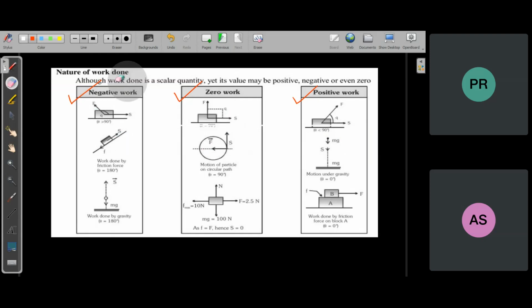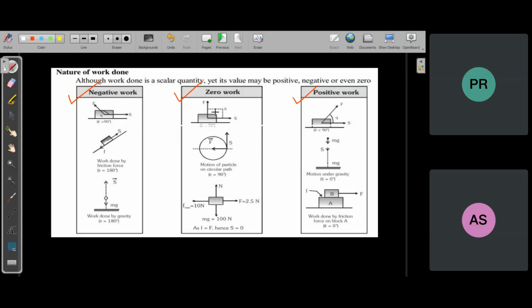If force is acting along the direction of displacement, cos theta will still be there and it will be positive. Cos 0 is 1, positive. So work done can be negative, positive, or 0. Work done will be positive if theta is an acute angle. If theta is an obtuse angle, work done will be negative.